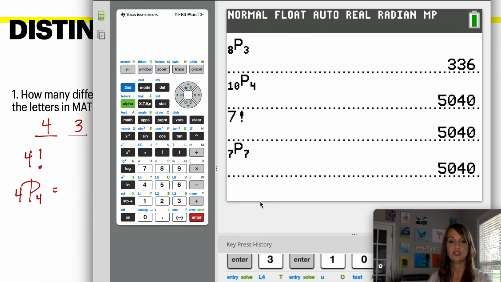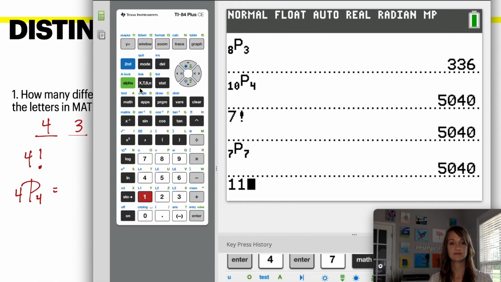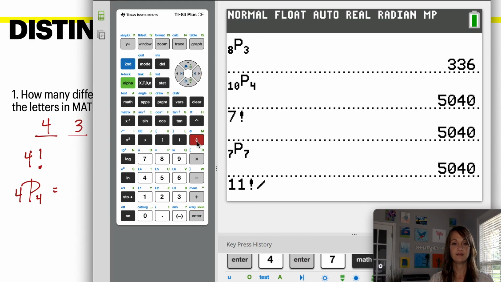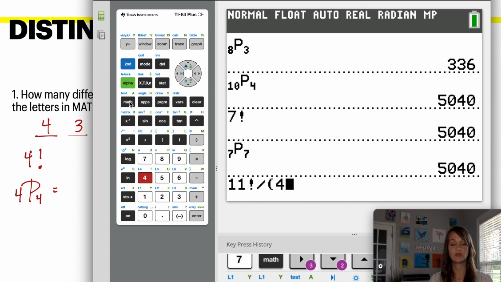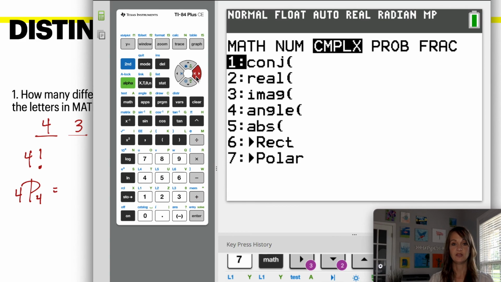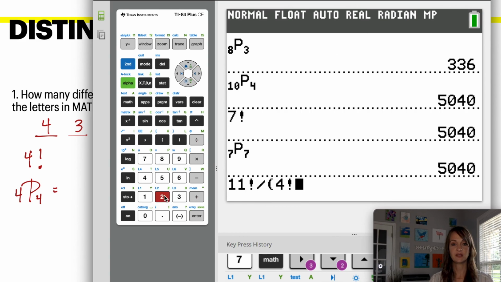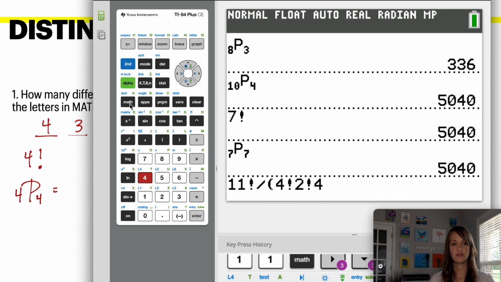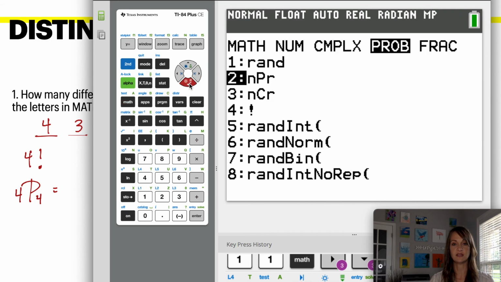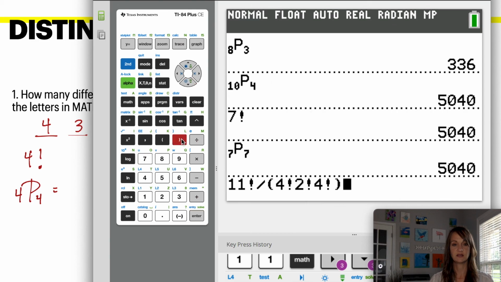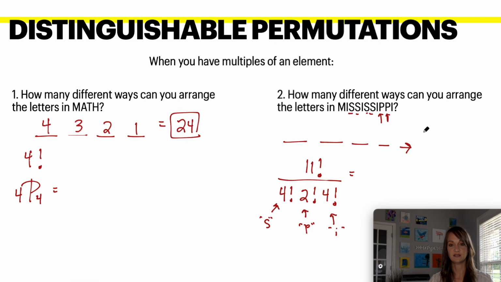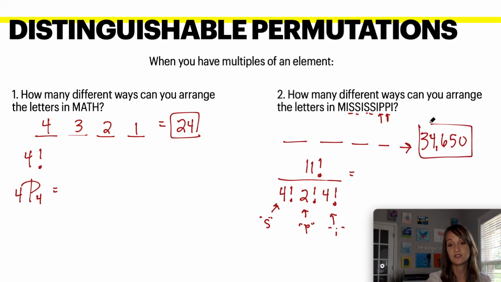You would have 11 factorial divided by, now you need to use parentheses because there's more than one number you're dividing by, a 4 factorial, a 2 factorial, and another 4 factorial, according to the S, the P, and the I. Close the parentheses, and that would be your answer, 34,650. 34,650 different ways that you could arrange the letters in Mississippi.